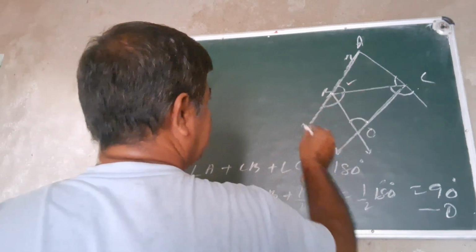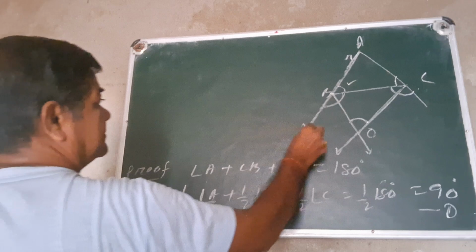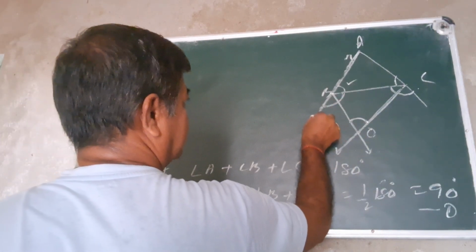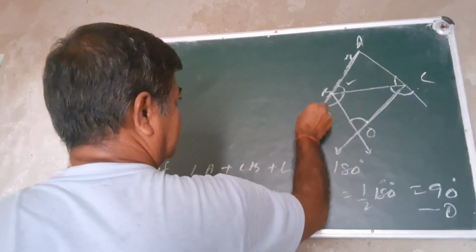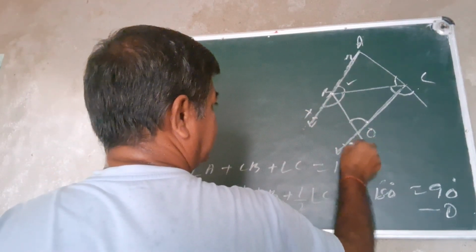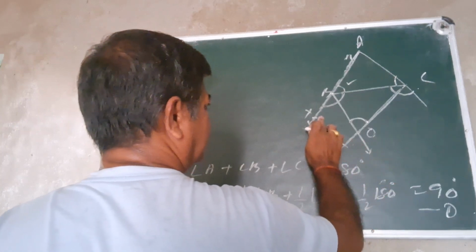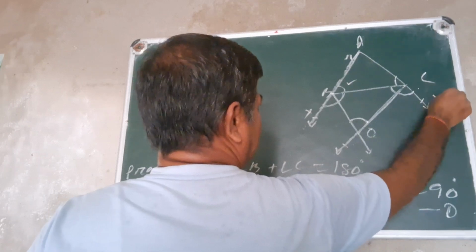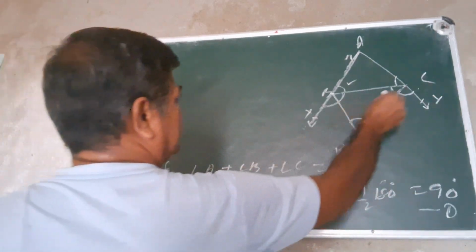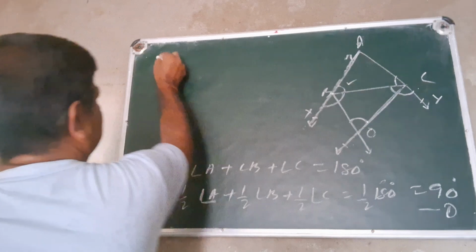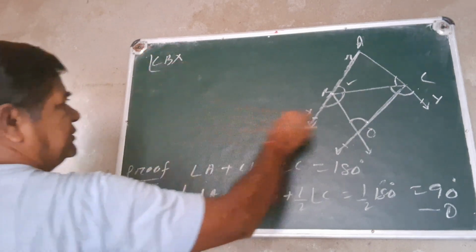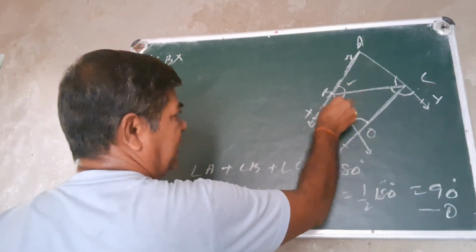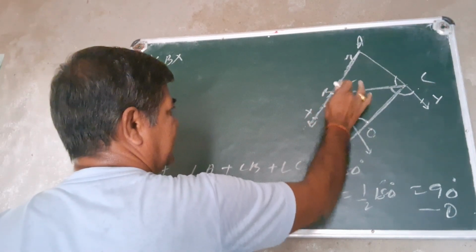Which exterior angle? X, Y, CBX is an exterior angle.